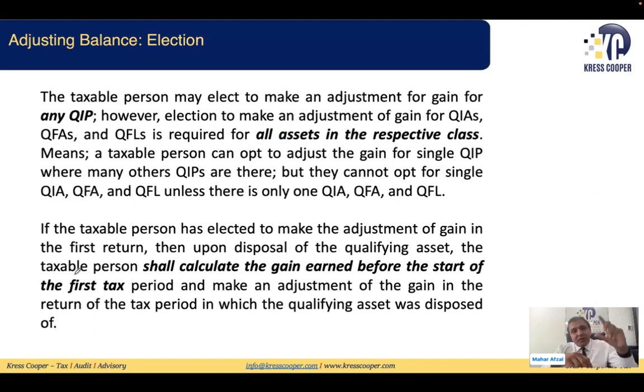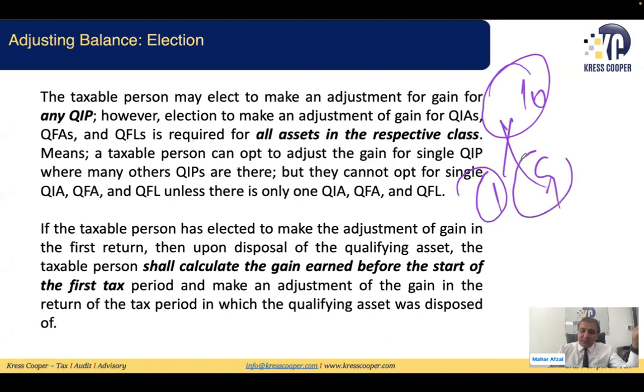Important thing is, out of these 4 qualifying assets, for the building, it has been given in the respective ministerial decision that the taxable person can opt out corporate tax for any qualifying immovable property. If the person has, assuming 10 properties, and wants to opt for one, and the remaining the person doesn't want to opt out, law gives an option; the person can opt out for any qualifying immovable property.